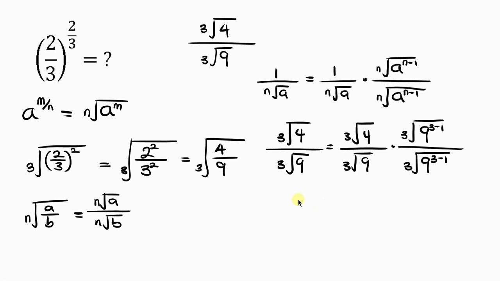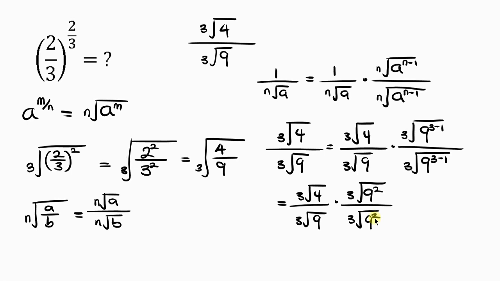So this can be simplified into the cube root of 4 all over the cube root of 9 times the cube root of, now 3 minus 1 is 2, so we have 9 squared, all over the denominator, the same thing, the cube root of 9 squared.